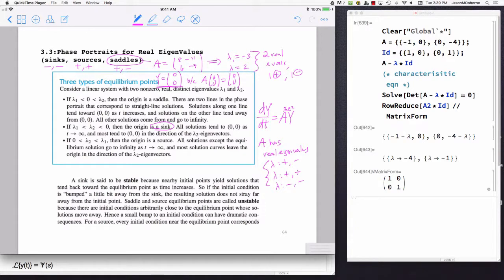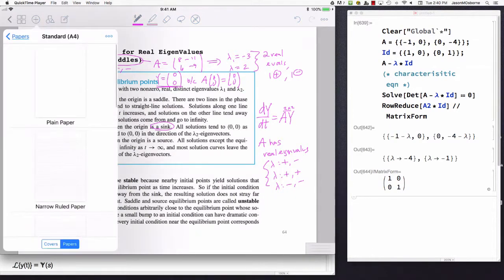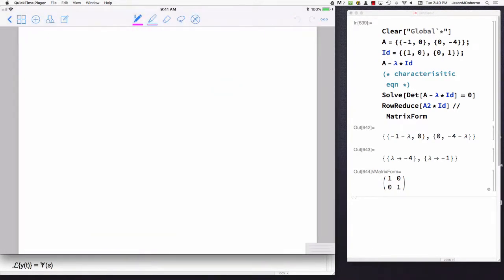Okay, so let's just go through sketching a couple of pictures of what things can look like in the phase plane. So based on these three conditions, you always have (0, 0) as an equilibrium point in the three different cases. Right? So I'm drawing three different phase planes here. This is xy, xy, and xy.